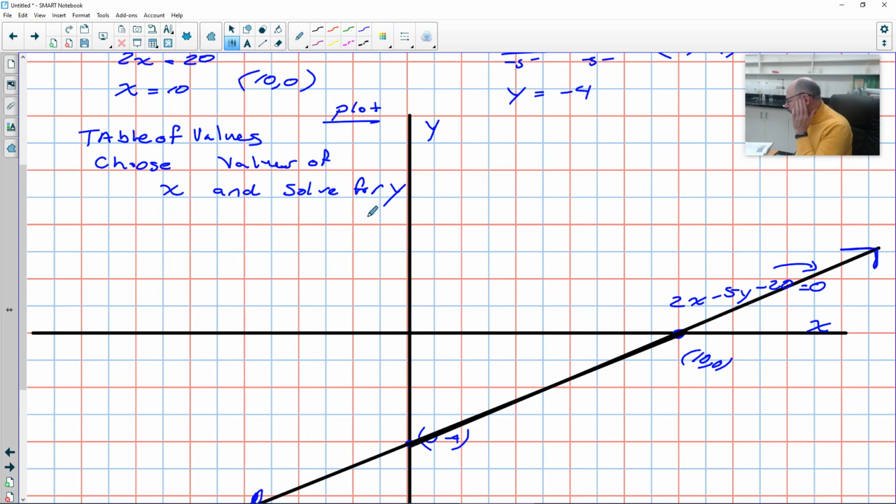Okay, and you only need 2 of them for a line, 3 of them if you want to check. Okay, so both will work. My favorite way to do it is x and y intercepts because it works quicker.